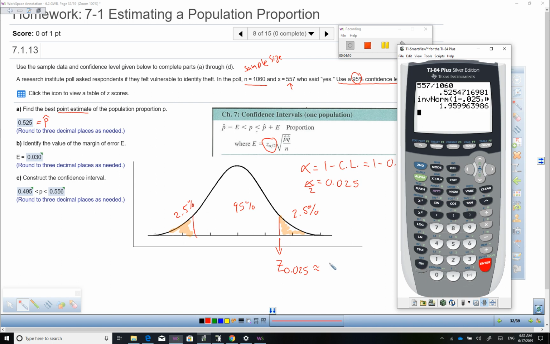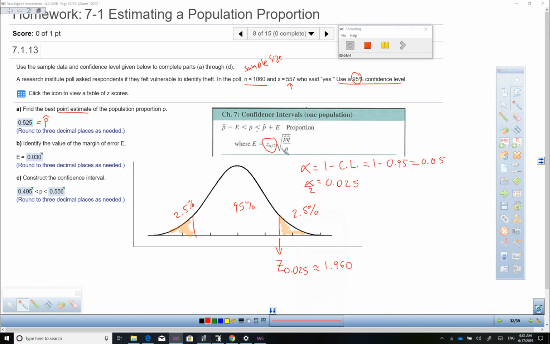So this is the critical value, 1.960. Let's round it off to the third decimal place. And once we have that critical value, all we have to do is type all this formula.